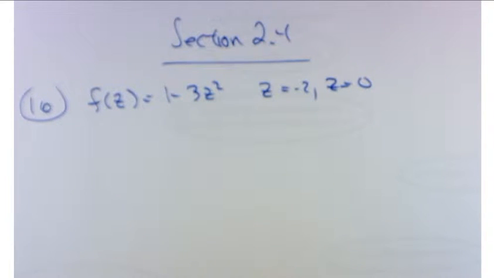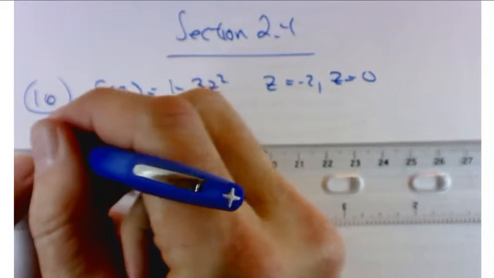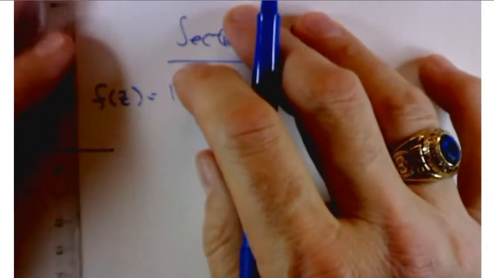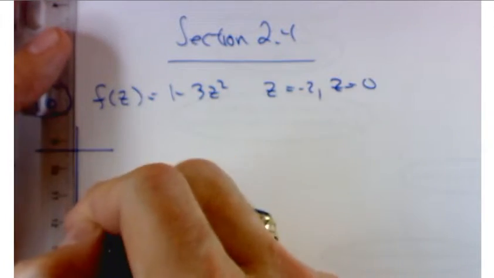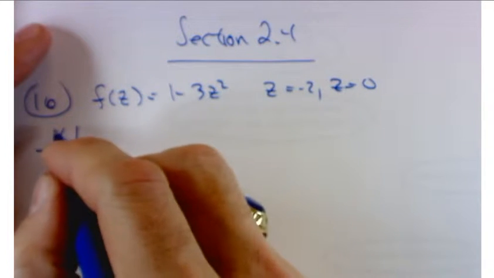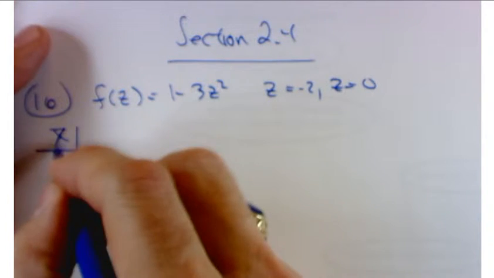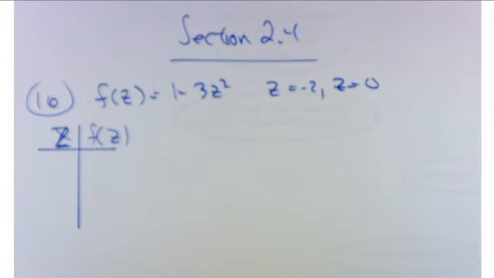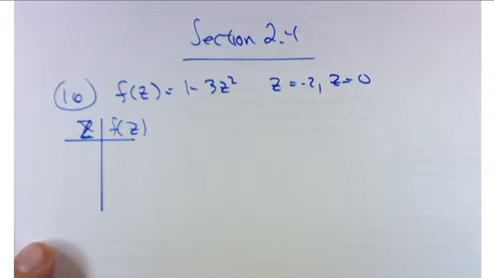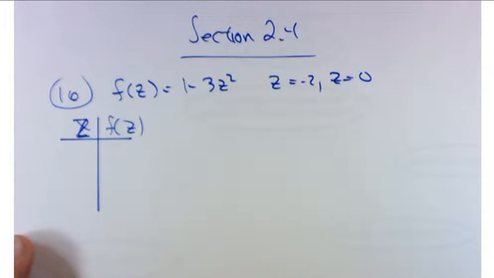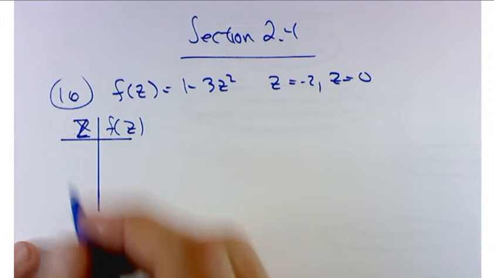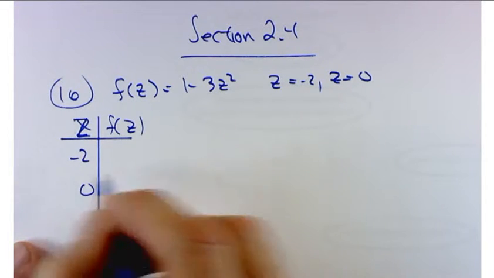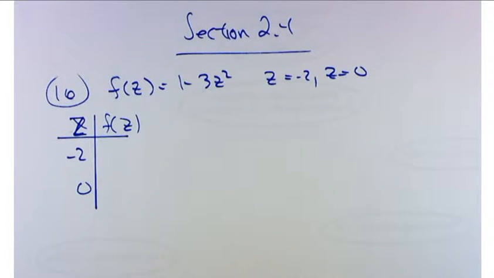What I would suggest is that we handle things like this with a little t-table. You don't have to, not a big deal, particularly with this one. So that should be a z and f of z. At negative 2 and at 0, let's put those in there and find what those coordinates are.